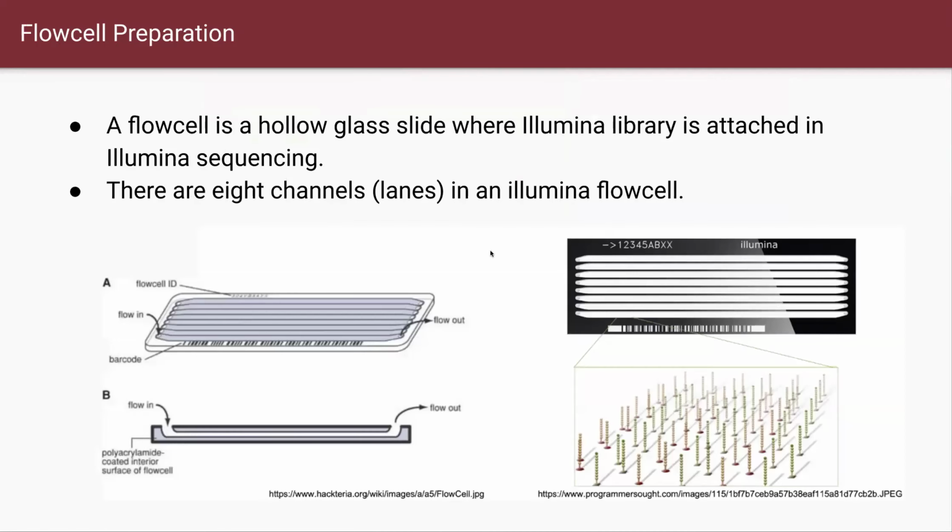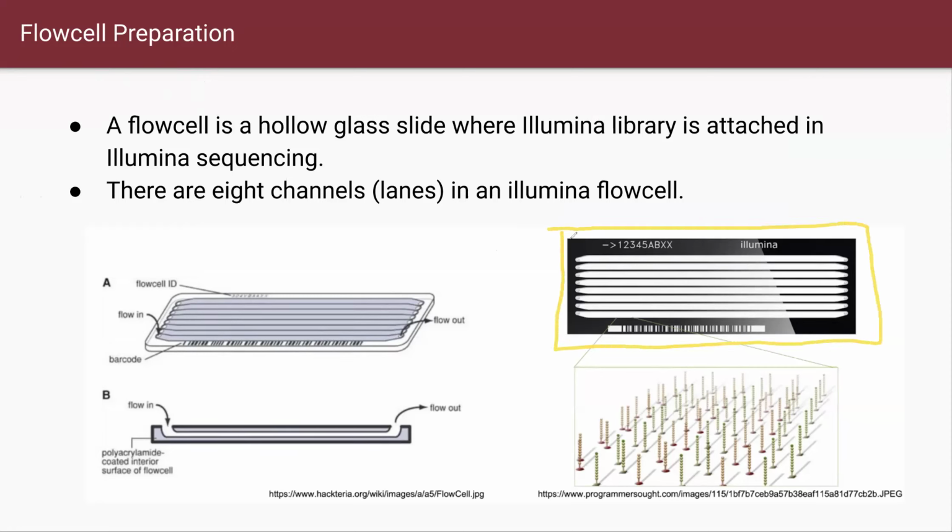Once you get the library preparation done, then you do the flow cell preparation. So the flow cell, as I mentioned, is like a two-finger size solid surface thing, and it looks like this tiny plastic. And this has 8 lanes, 1, 2, 3 to 8. And this is literally like swimming pool lanes.